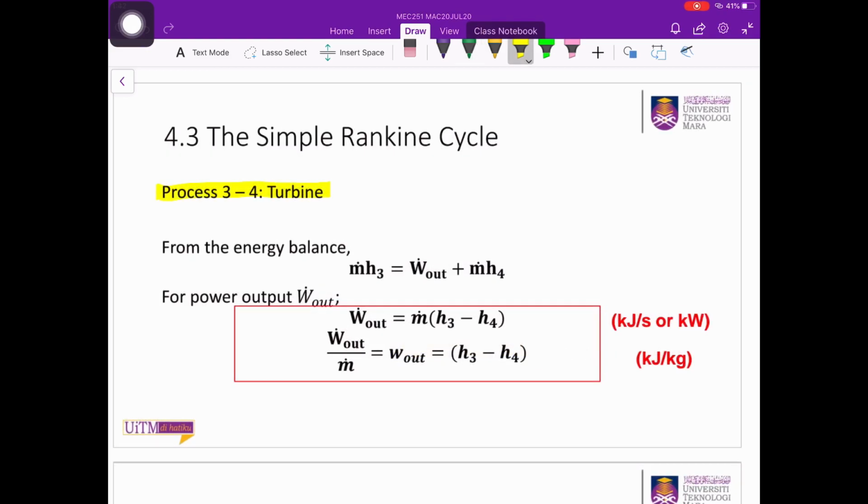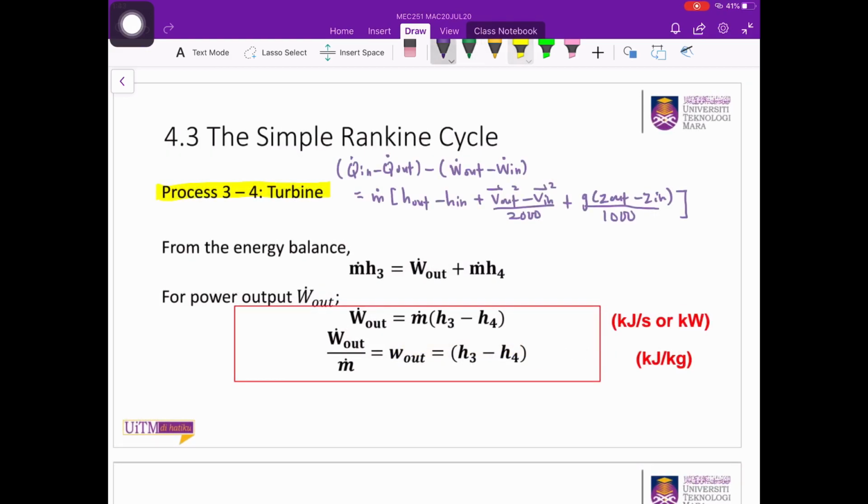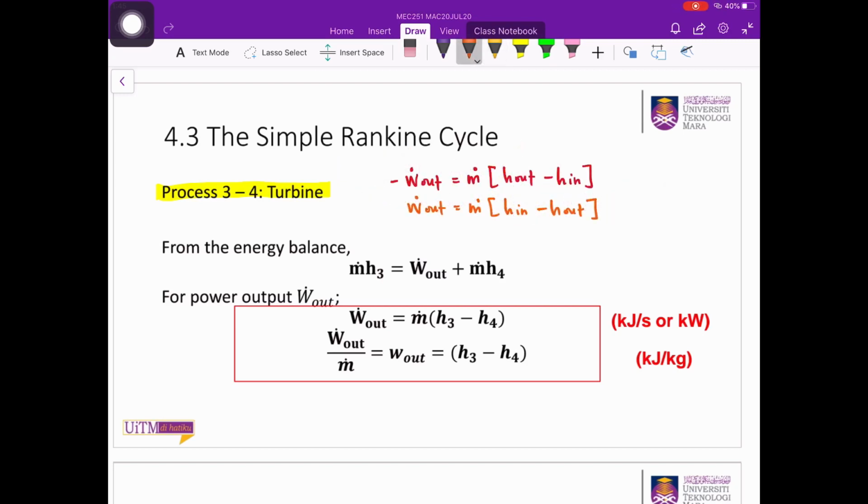For process 3 to 4 at the turbine, from the steady flow energy equation, we can neglect the heat transfer rate, kinetic energy, and potential energy based on our assumptions. Since the turbine produces work, the power in term can be cancelled. Our steady flow energy equation for process 3 to 4 will become this equation.